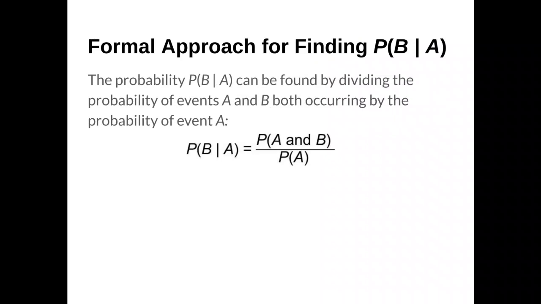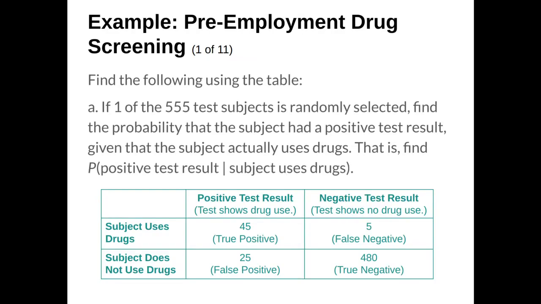The probability of B given A is equal to the probability that A and B happen divided by the probability of A. Now, we may think that the probability of A and B is exactly the multiplication rule, and we need that to do this. But there are situations, and we're going to see in this example, where we know the probability of A and B, but we don't necessarily know the probability of B given A, and that's what we're using this to find.